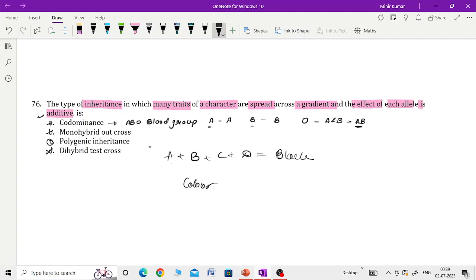Means every allele, every part contributes. But if we say A plus B, then it is less black, and A plus B plus C means near to black. Means in the population we find a gradient. If this is high, then this is intermediate and this is low. We find this type of gradient in the population. That is polygenic inheritance.